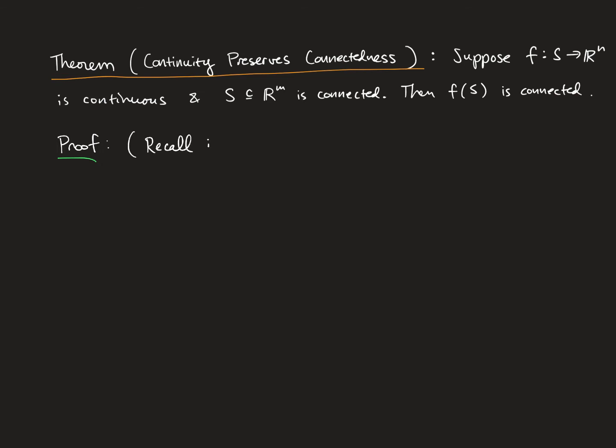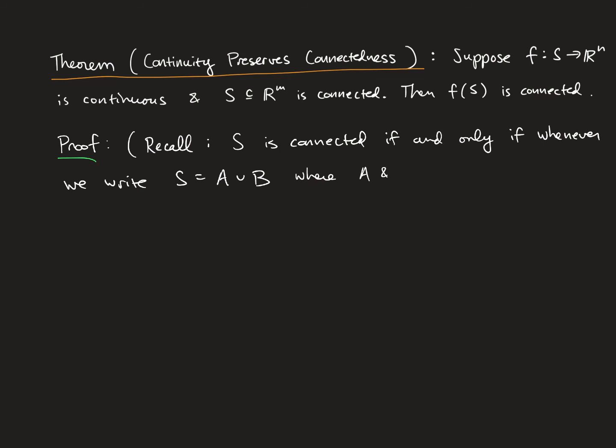Recall that S is connected if and only if whenever we write S equals A union B, so whenever you split S into two pieces, where A and B are non-empty and disjoint, okay, so this is the D and the N in Don, we have a disjoint and non-empty pair, looking like a separation of S, but S is connected, so it can't be a separation.